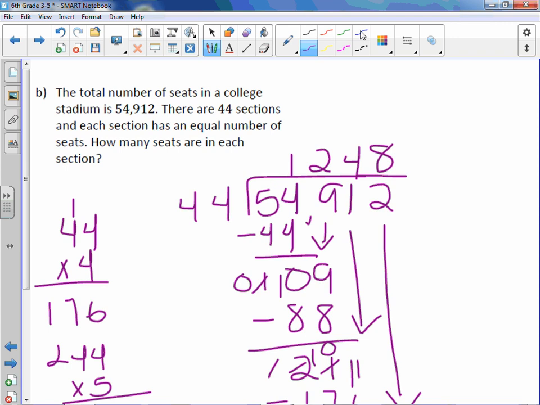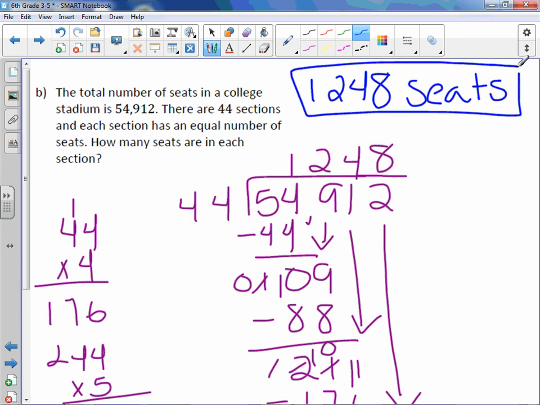So we would say 1,248 seats. And again, you could say per section if you want, or in one section, in each section, but 1,248 seats is fine.